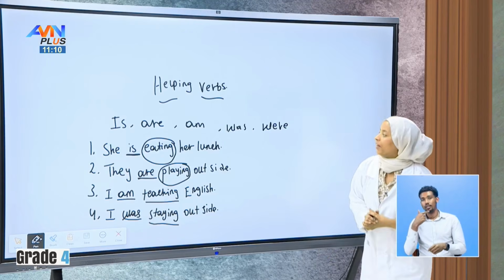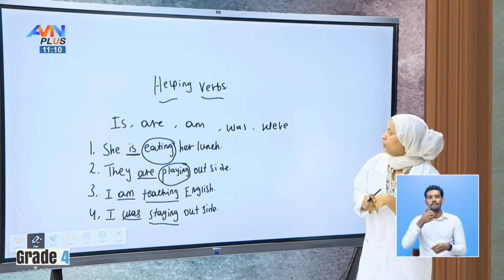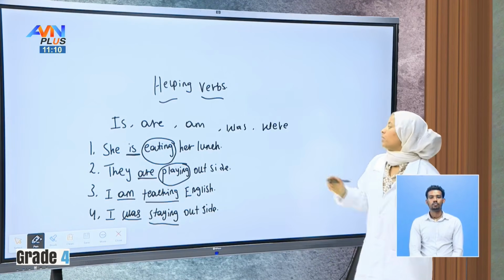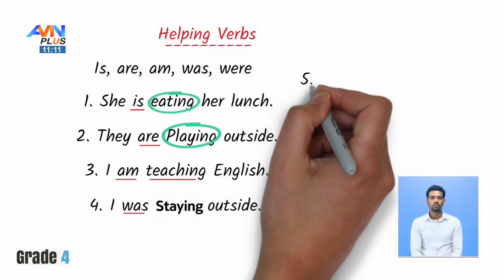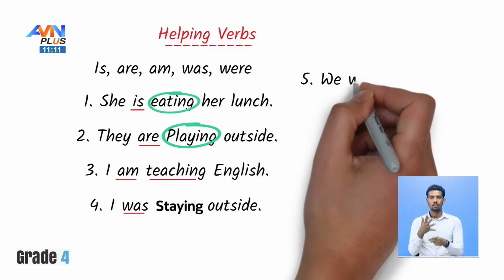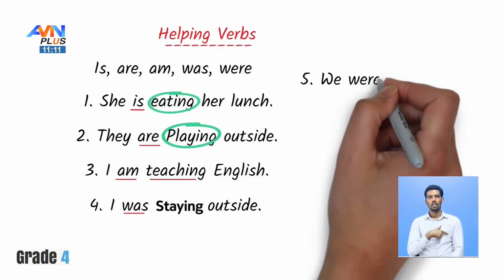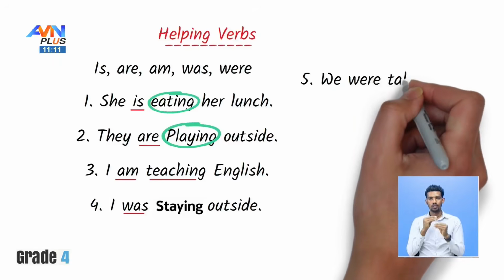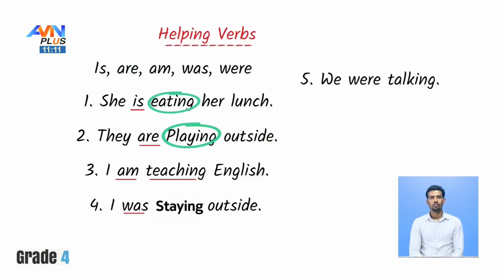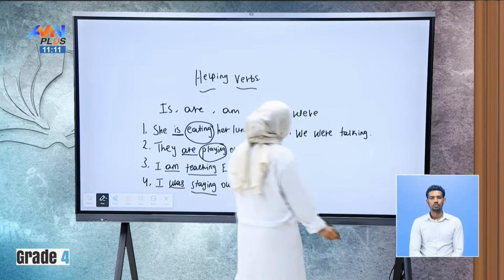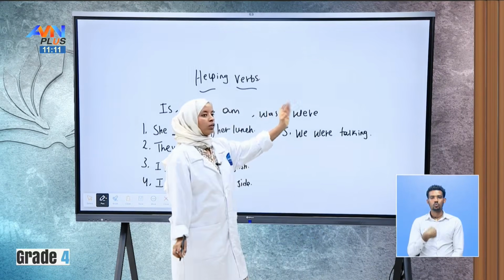Outside. Here is number 4, and no, number 5 is where. Number 5, we were talking. We can say it like this. We were talking.